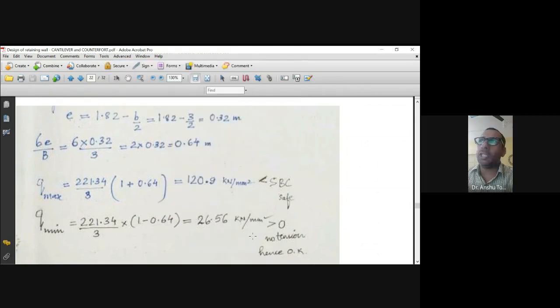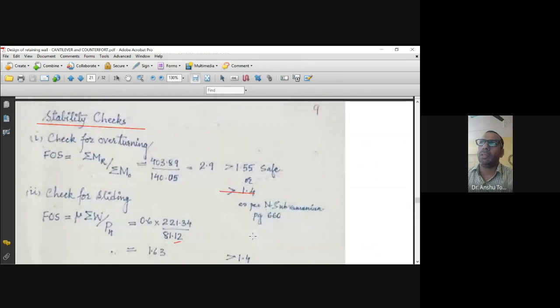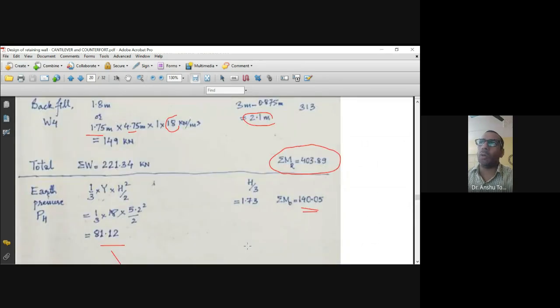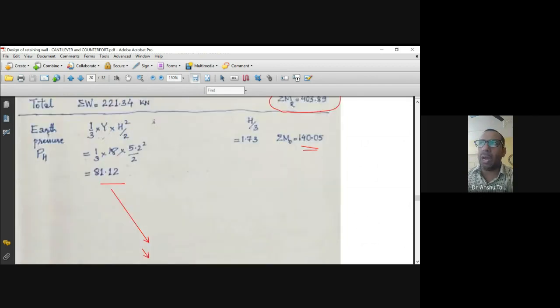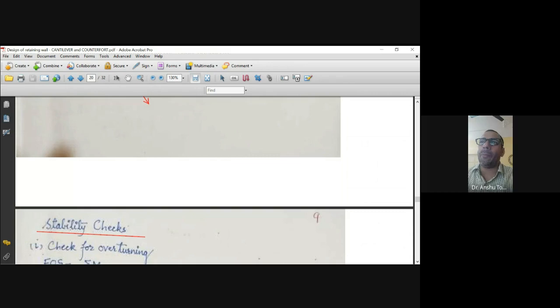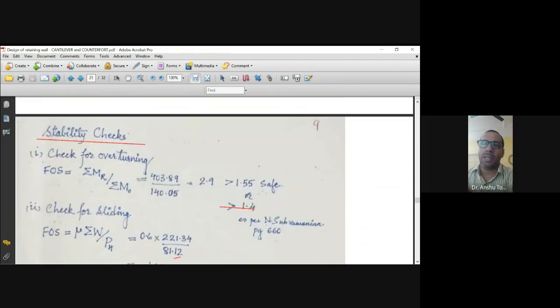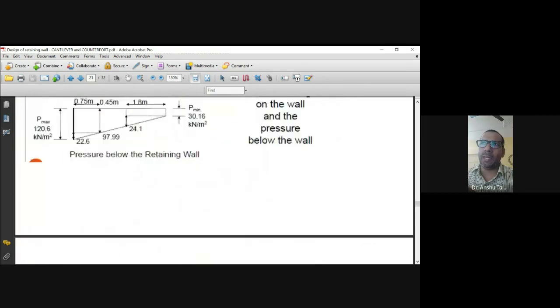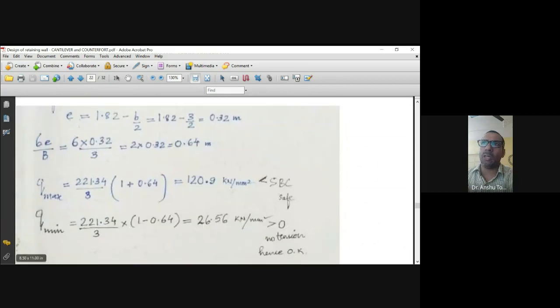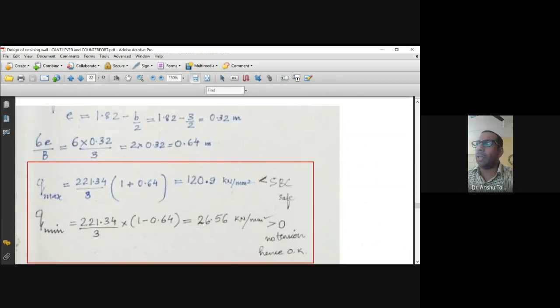Whatever procedure we have done up to here, if we put the stability check aside, then after documenting this step in tabular form, the next step in our design procedure is this: this is the stability check, and this is the next procedure, to tabulate the maximum and minimum stresses, or you can say the soil reaction at the bottom of the base slab.